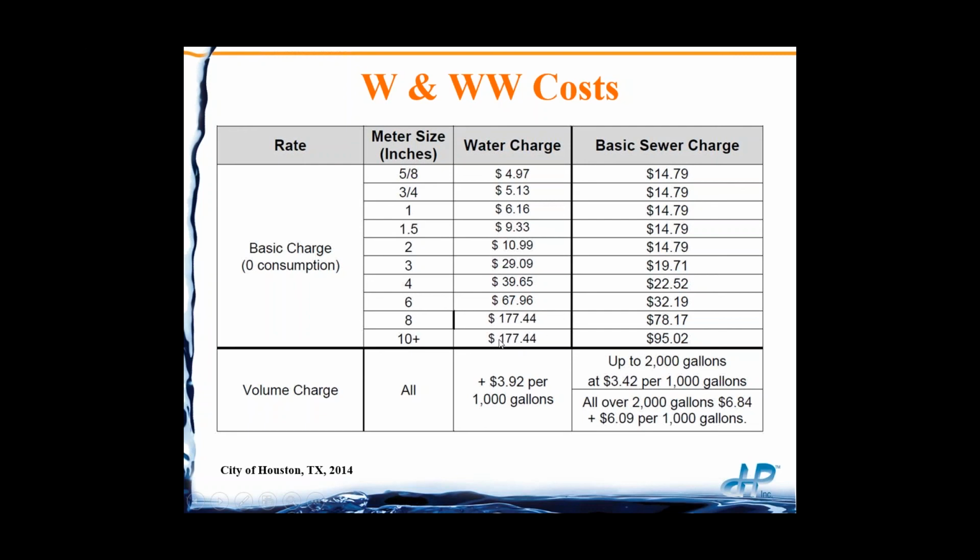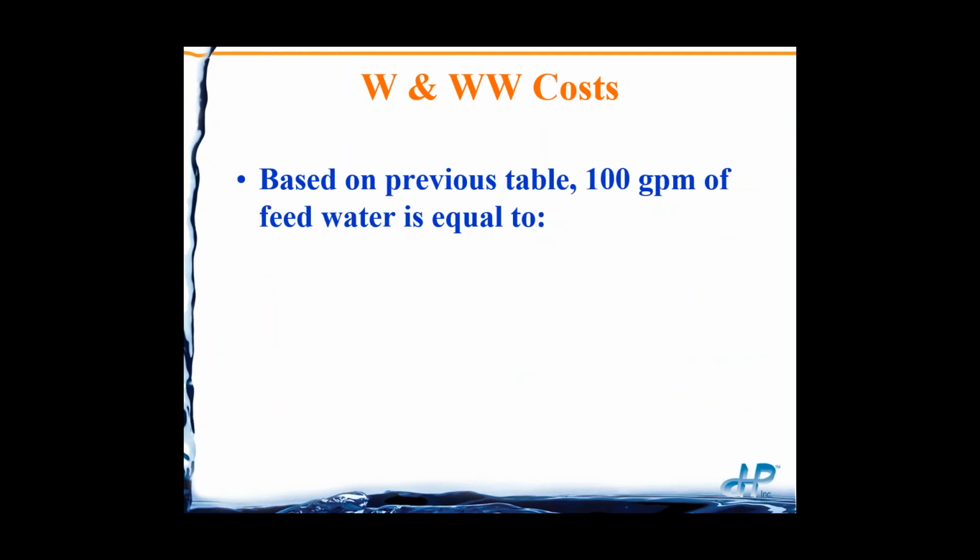So that's not much. I mean, 177 times 12 months. So not a lot of money. Here is where you're getting hit. So $3.92 per 1,000 gallons, and the wastewater is even more expensive. So if you just do the math on that, if you have 100 gallons per minute of feed water, so you're purchasing 100 gallons a minute, some of you will purchase more, some of you will purchase less.